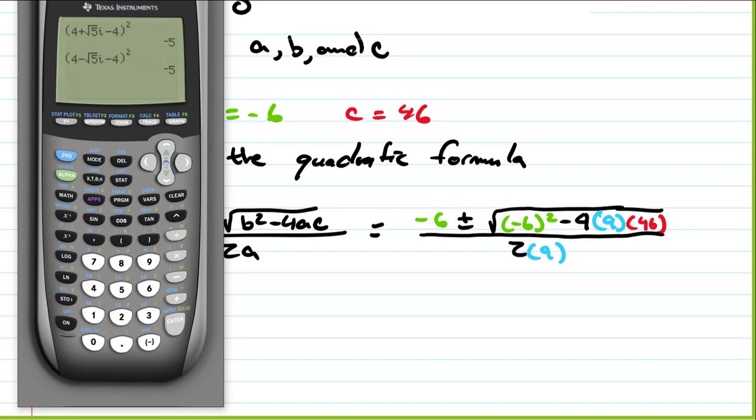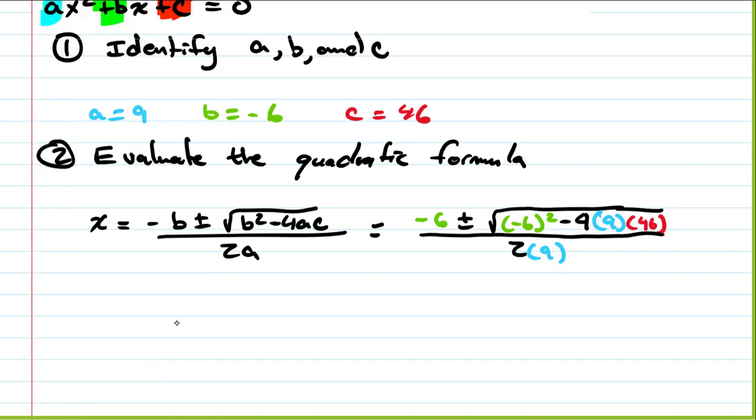So I'm going to start with the radicand, which is negative 6 squared minus 4 times 9 times 46. Press enter and I get negative 1,620. So that gives me negative 6 plus or minus negative 1,620 all over 2 times 9 is 18.